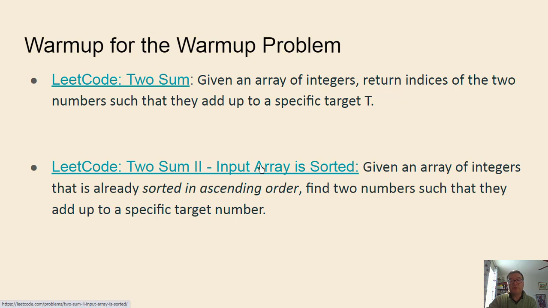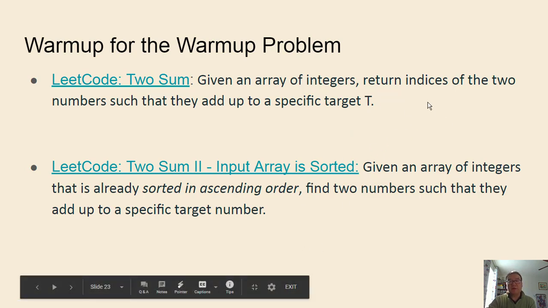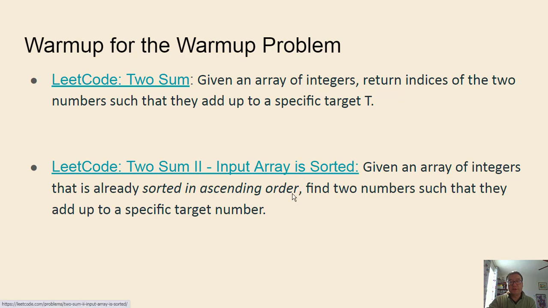Even though asymptotically this will take n log n, sorting takes n log n, and asymptotically the hash set takes linear in n, this is faster because the hash set's constant factor is pretty big.